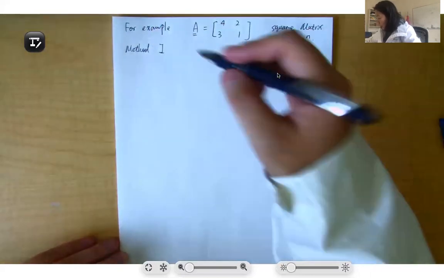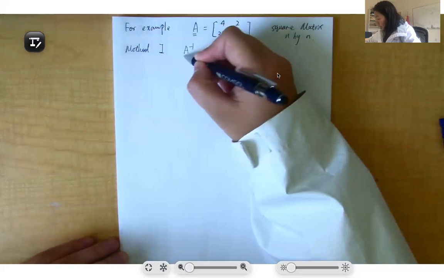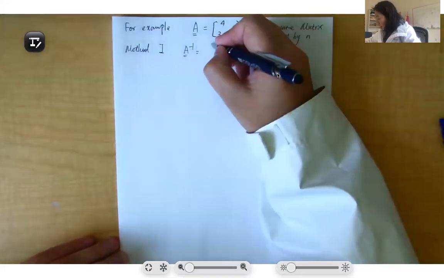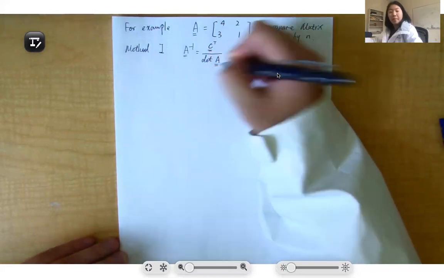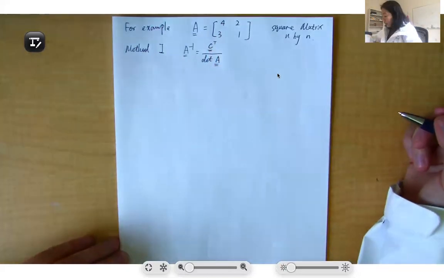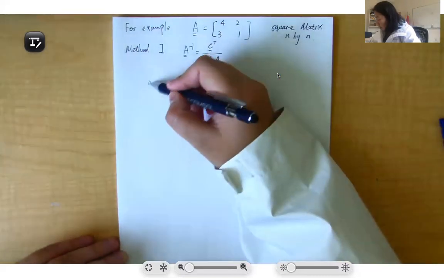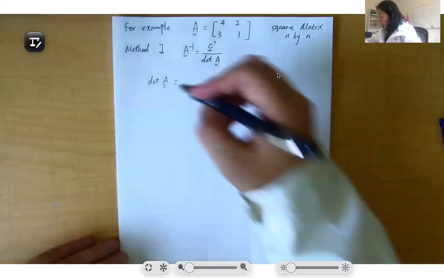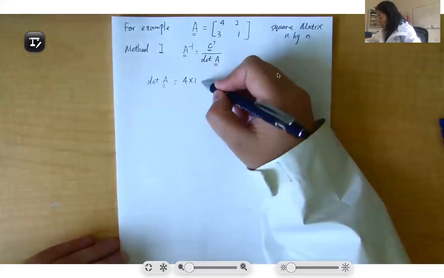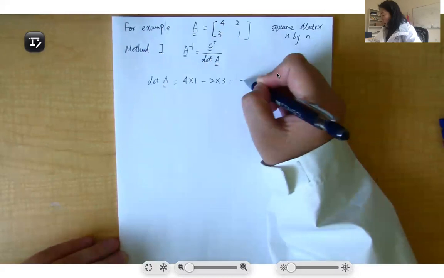Method 1 is A inverse equals C transpose divided by the determinant of A. Let's first solve for the determinant of A. It's very simple: 4 times 1 minus 2 times 3, that is minus 2.